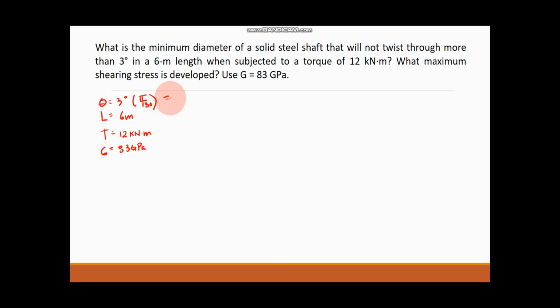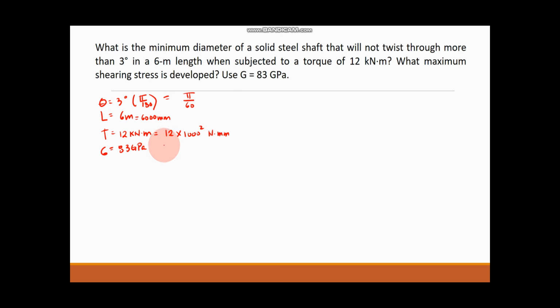So it is equal to pi over 60. And then our length is 6,000 millimeters. And then the torque is equal to 12 times 1,000 squared Newton-millimeters.